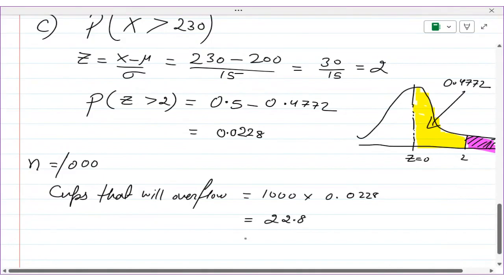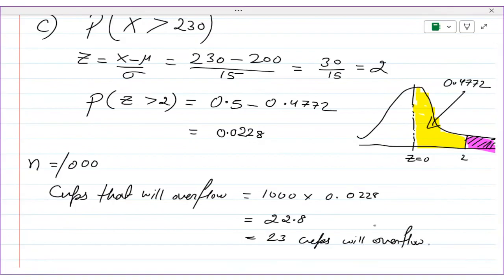So approximately 23 cups will overflow. If we use this soft drink machine, out of 1000 cups, 23 cups will overflow as per our probability calculation. Any doubt, students? Any doubt in this question?